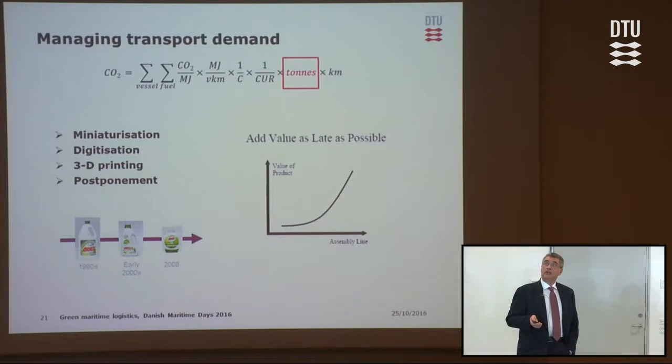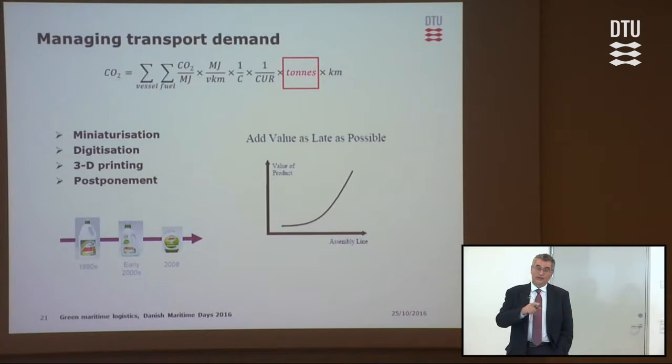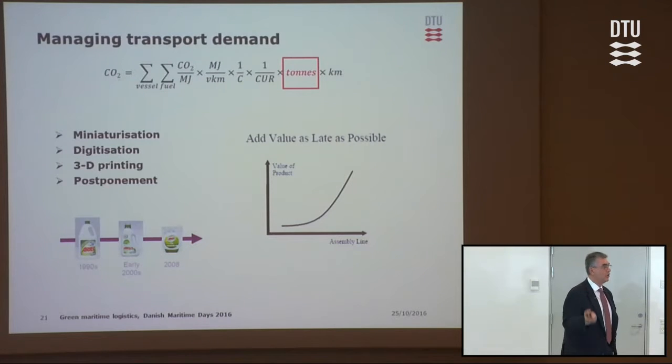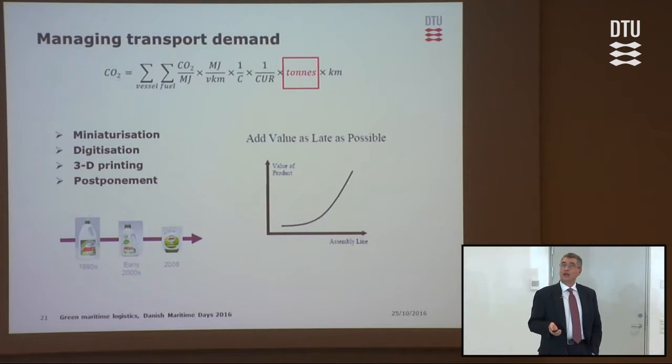And then we're moving on with the transport demand, managing the demand. You see here 4 different ways to reduce the volume of cargo through miniaturization, which is what you see here. The size of the products is shrinking while the functionality of them is growing. Digitization with books, music, or entertainment industry. 3D printing, postponement.